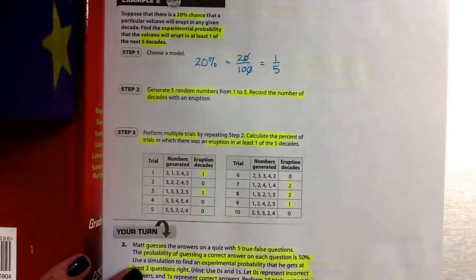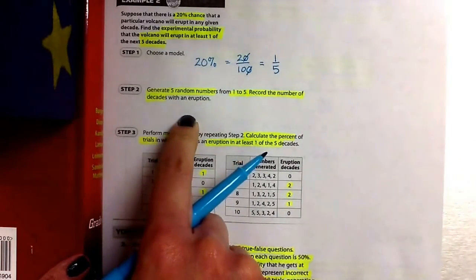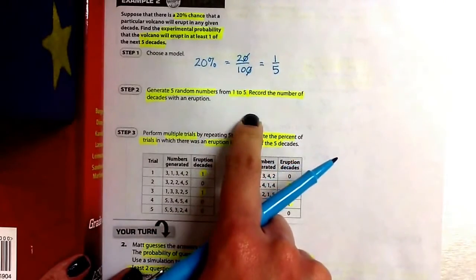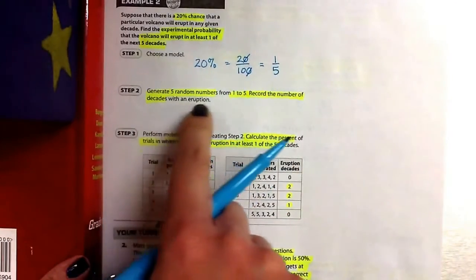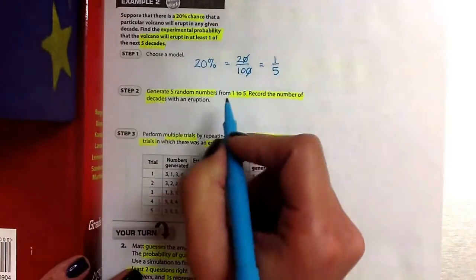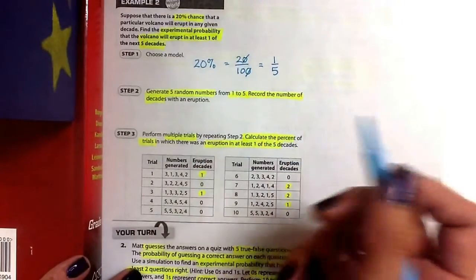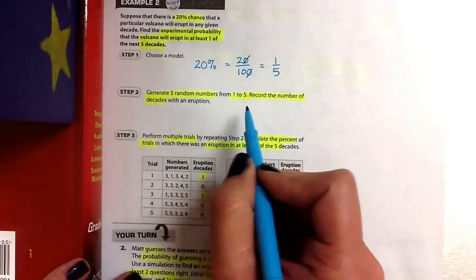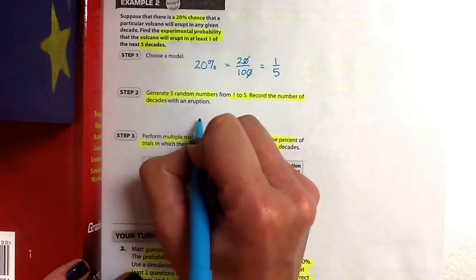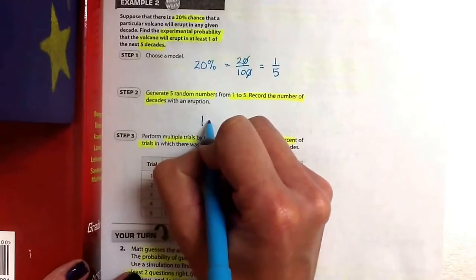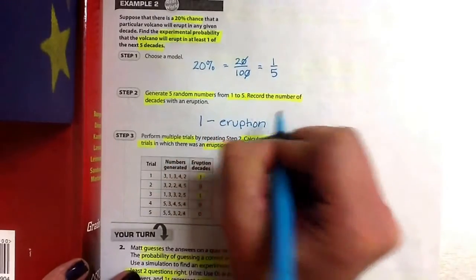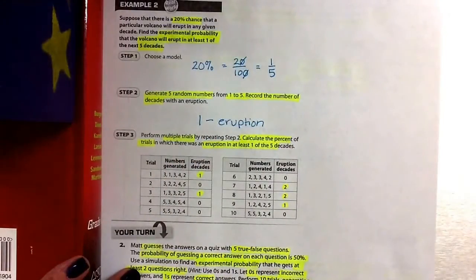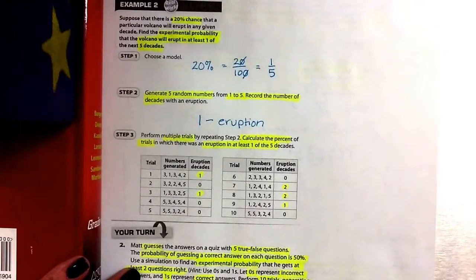So we're going to generate 5 random numbers, from 1 to 5, and we're going to record the number of decades with an eruption. We're going to use whole numbers from 1 through 5. I'm going to let a 1 represent an eruption. So every time you generate those 5 numbers, you're looking for, where did I get a 1?